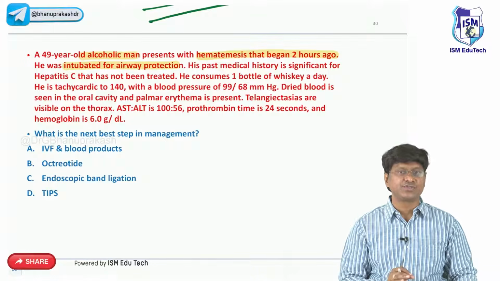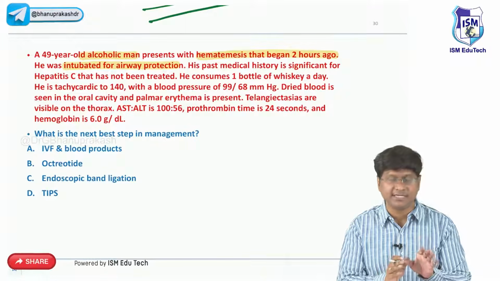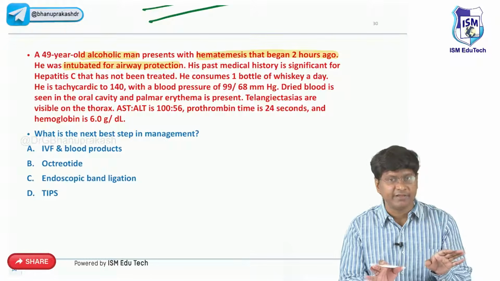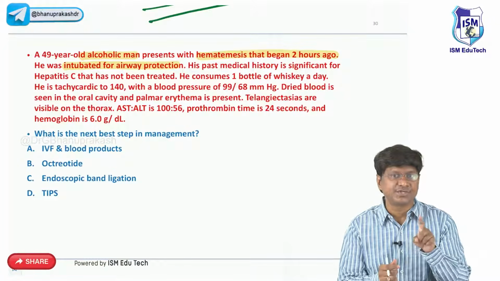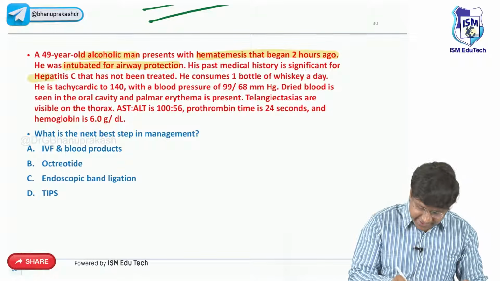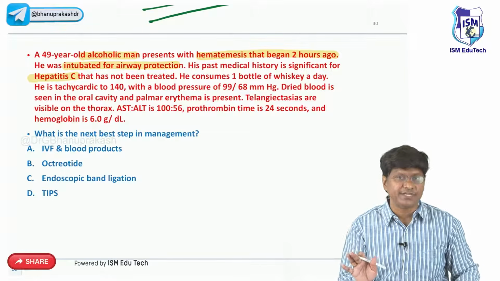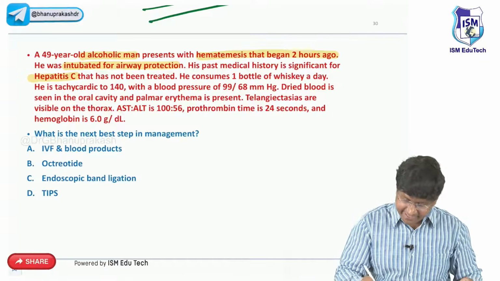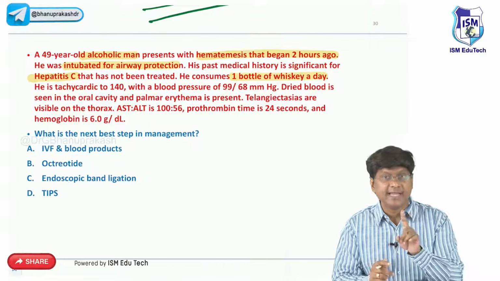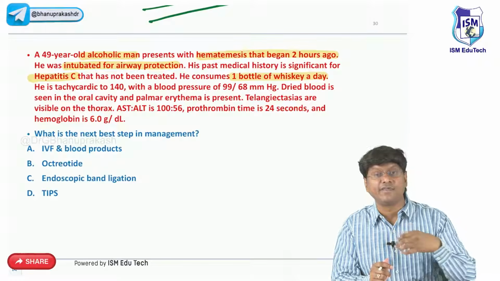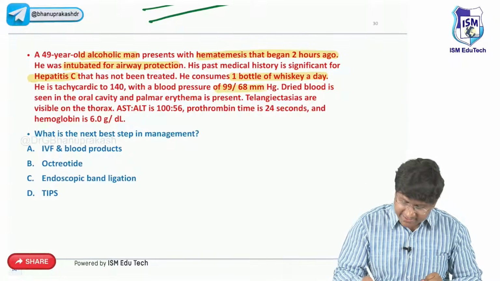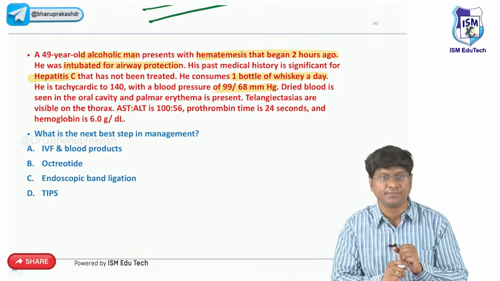His past medical history, because he came in altered sensorium and had severe hematemesis and was intubated for airway protection, is significant for untreated hepatitis C infection. He consumes 1 bottle of whiskey a day and he is tachycardic with a heart rate of 140 per minute with a blood pressure of 99/68 millimeters of mercury.